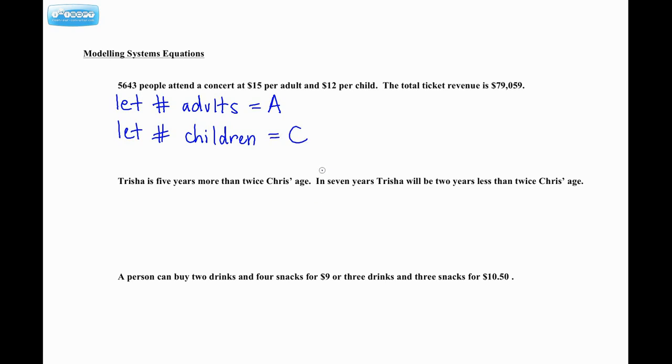All right. So the first equation is right here. That's pretty easy. 5,643 people in total were at the concert. So that just means the number of adults plus the number of children is equal to 5,643. Okay, that was pretty simple.